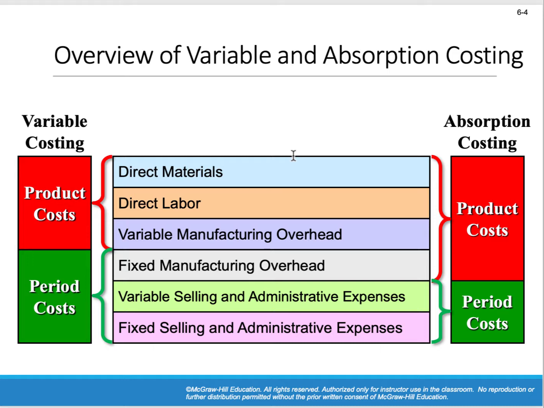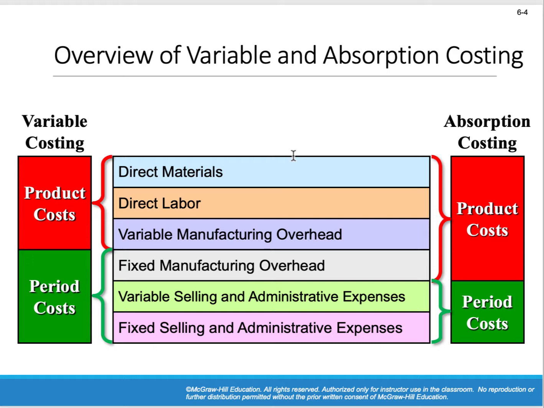For the sake of review, let's just look at absorption costing, right? What are our product costs? Well, direct material, direct labor, variable, and fixed manufacturing overhead. Okay, great. What are our period costs? Well, period costs are still the selling and administrative expenses, regardless of whether they're fixed or variable. They are selling and administrative, so they are always period costs, always.